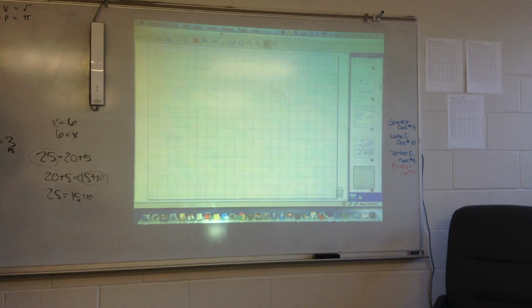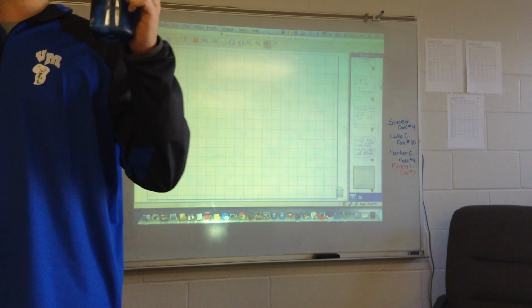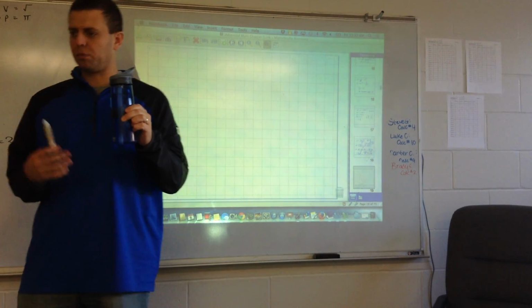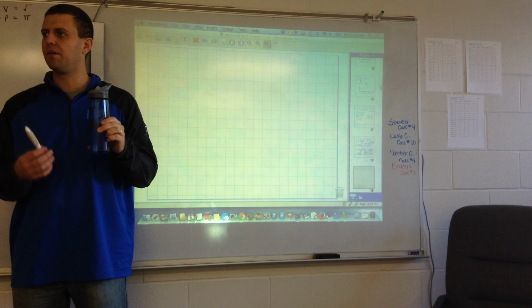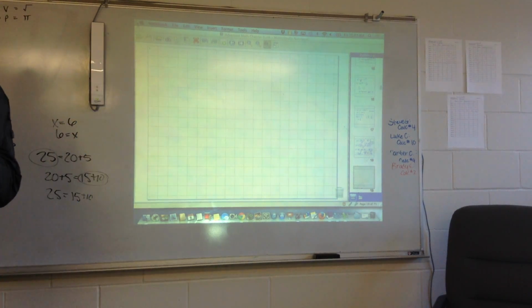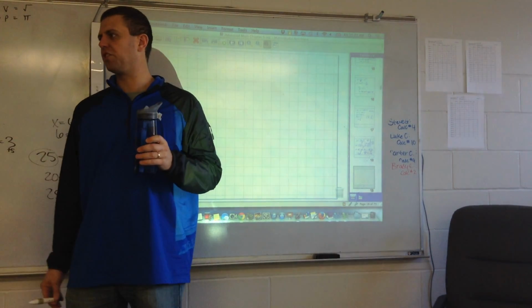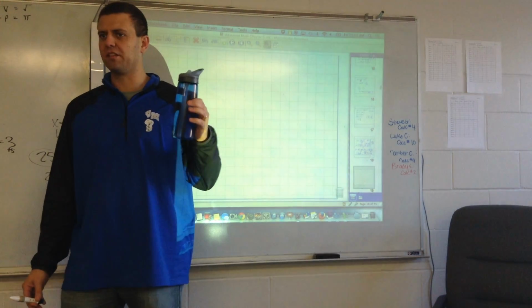I would like to know how fast the volume of the water is changing with respect to time. How do we do this? There's some very similar stuff to the physics problem, but there are multiple things that could be changing at one time. They get a little bit tougher, but it's kind of the same idea.